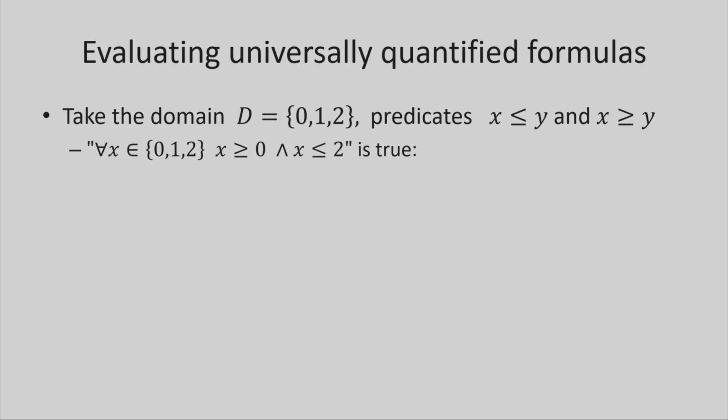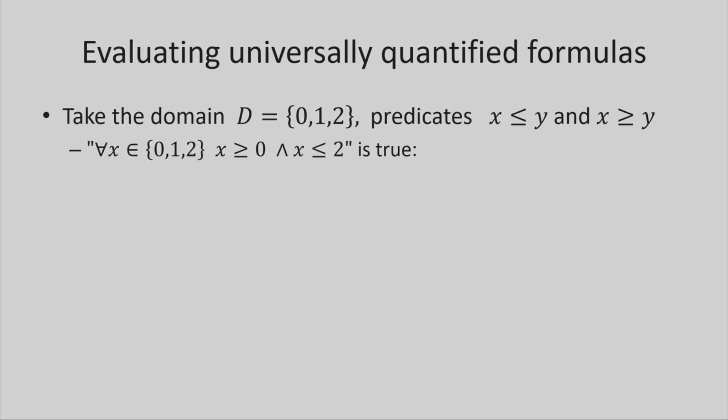So let's take the formula for all x in the domain of 0, 1, and 2, x is greater than or equal to 0 and x is less than or equal to 2. So we want to show that the formula is true.